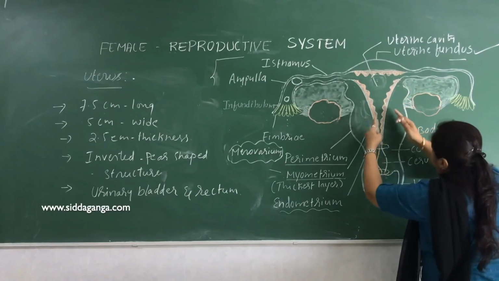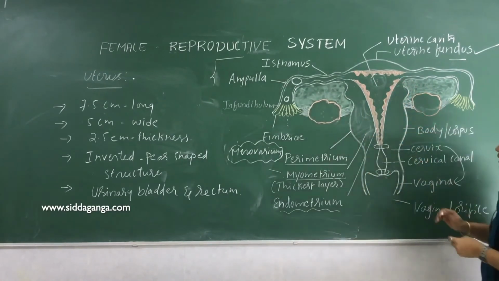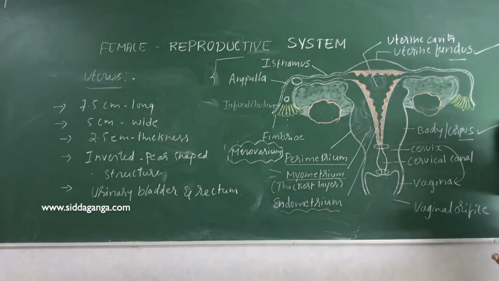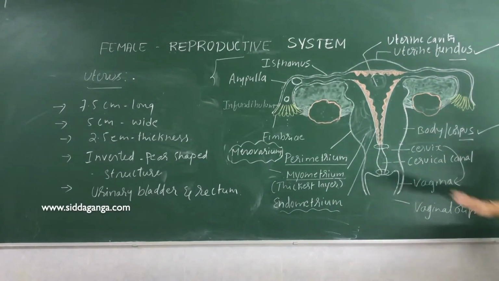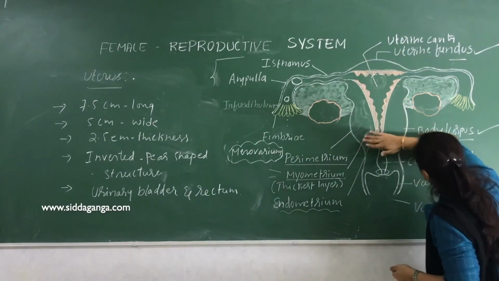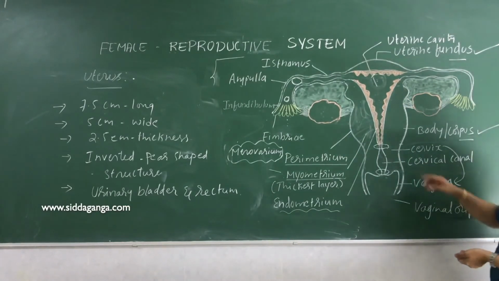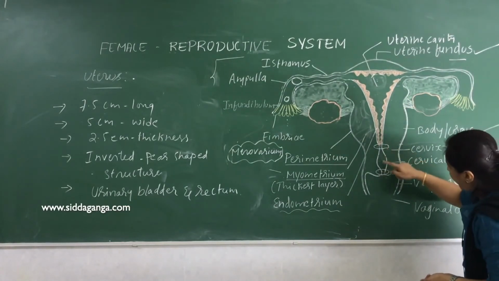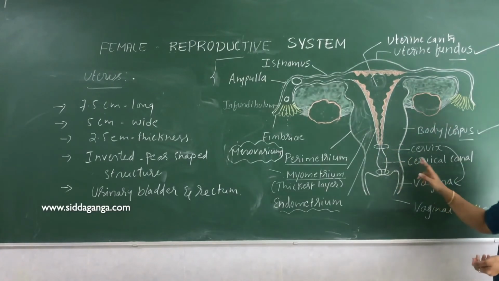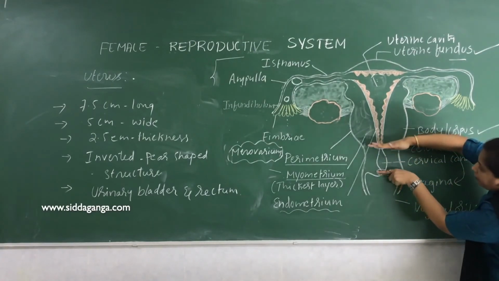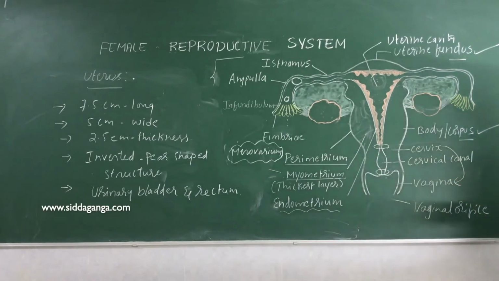The middle and main part of the uterus is called the body or the corpus. And the narrow posterior part of the uterus, from here to here, is called the cervix.